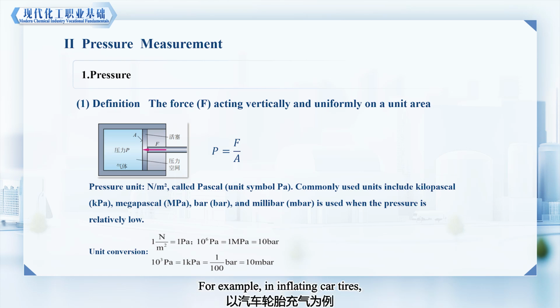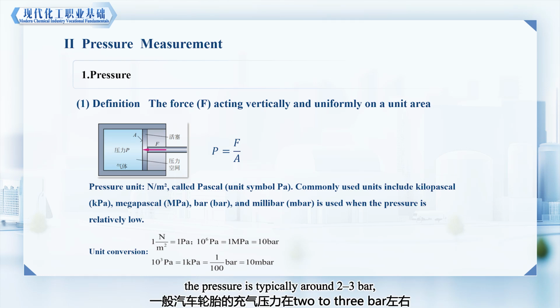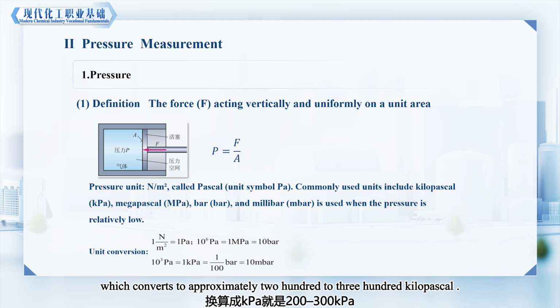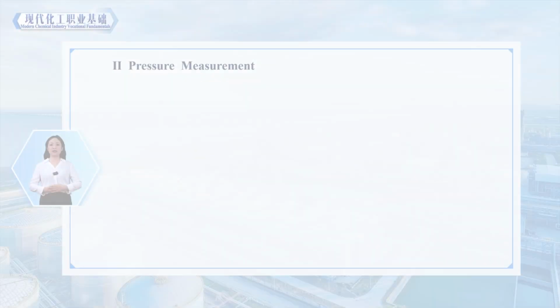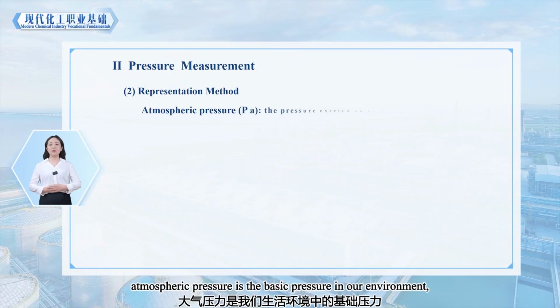For example, in inflating car tires, the pressure is typically around 2 to 3 bar, which converts to approximately 200 to 300 kilopascal. In expressing pressure, atmospheric pressure is the basic pressure in our environment.